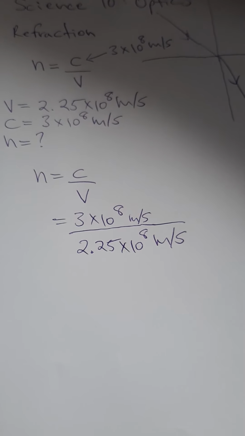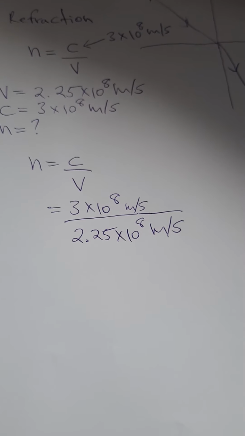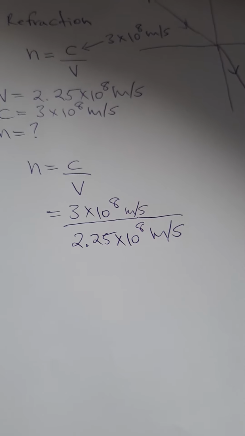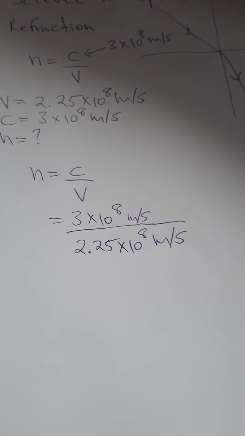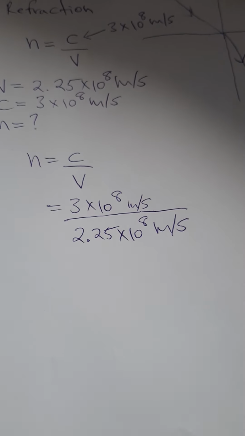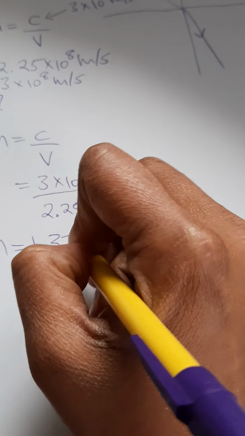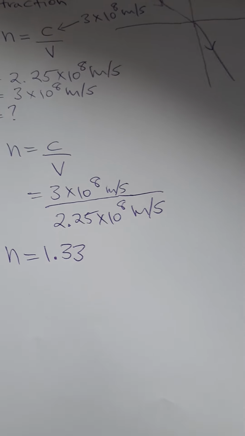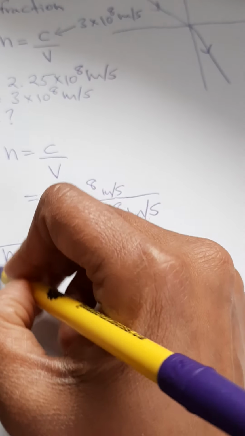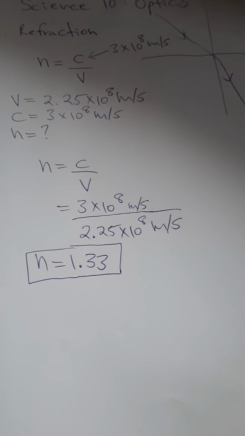In your calculator, you could just do 3 divided by 2.25, and the reason you can do that is because the 10 to the power of 8 is just going to cancel out. We're going to round this value to 1.33, and this is the index of the liquid. So I'm just going to box it out. That's our final answer.